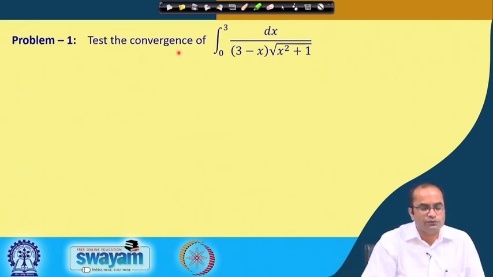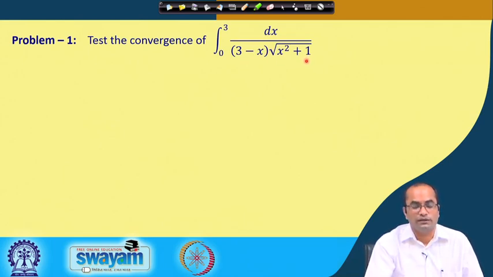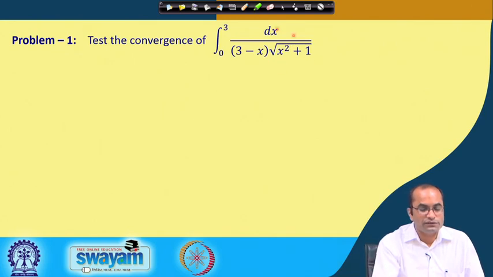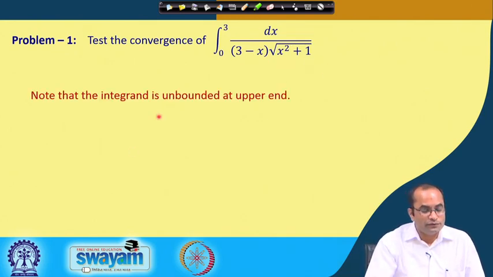For example, we want to test the convergence of the integral from 0 to 3 of dx over (3 minus x) times the square root of (x squared plus 1). If you want to test the convergence of this integral, we should note first that the integrand is unbounded at the upper end.